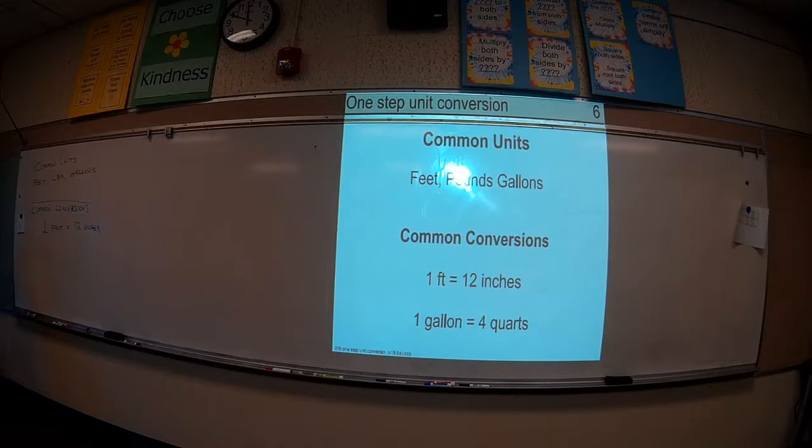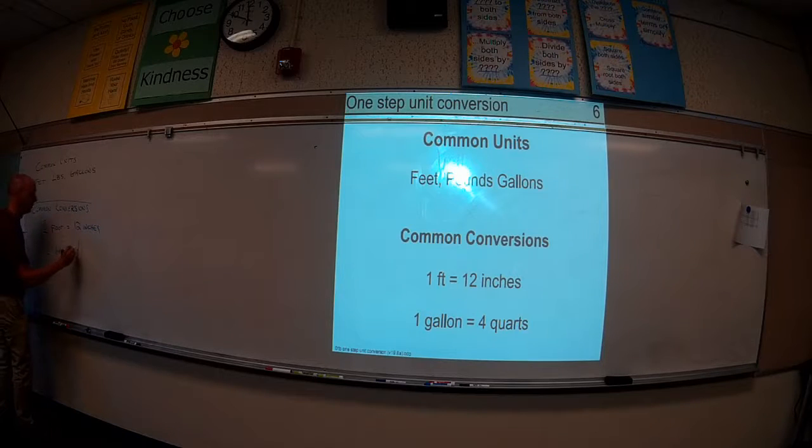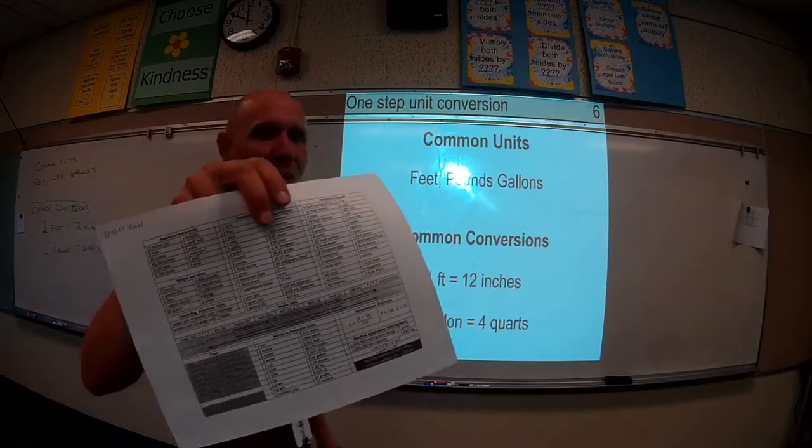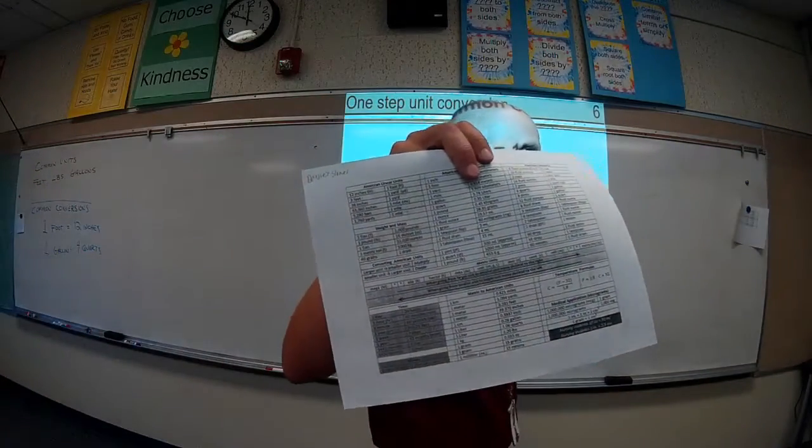That's a conversion factor. 1 gallon equals 4 quarts. And you have a paper here with a whole bunch of conversions just like that.